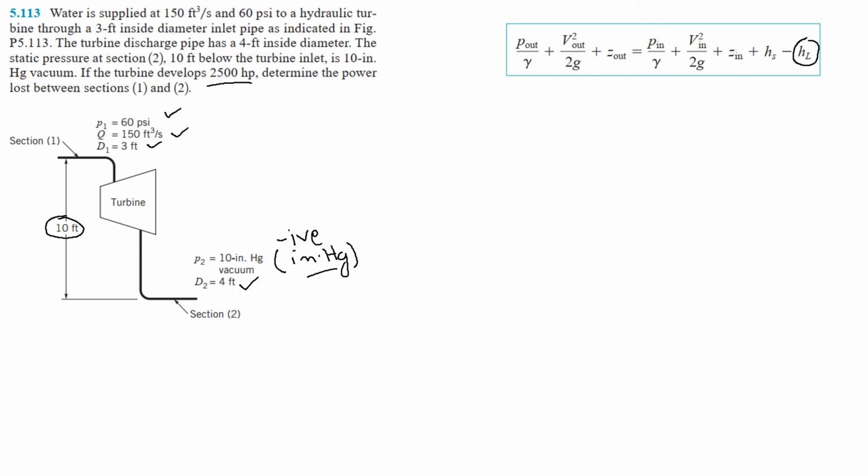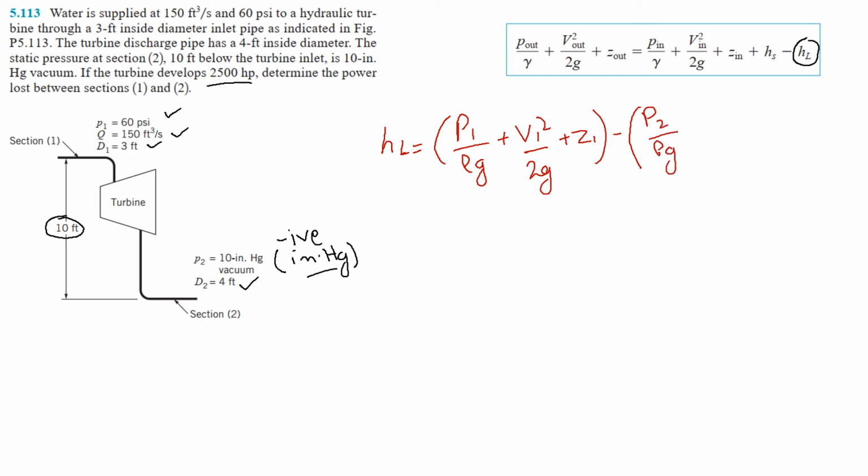So let's write the equation: HL will be equal to P1 over rho G plus V1 square divided by 2G plus Z1, minus pressure at section 2 divided by rho G plus V2 square divided by 2G plus Z2, and minus this HS. This is the shaft work head.